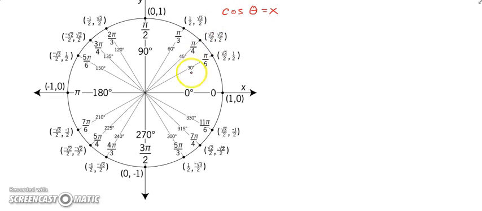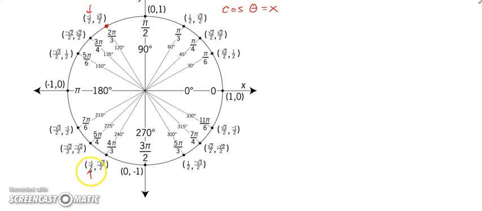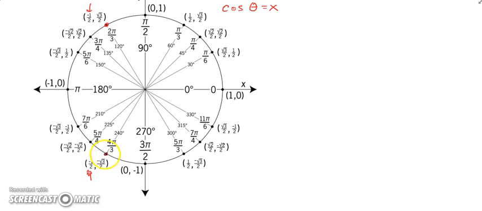So I'm looking for all of those places. I think cosine is negative 1/2 right here at 2 pi over 3, because the x-coordinate is negative 1/2. And I think there's one more, right here at 4 pi over 3. So those would be the two values we're looking for.